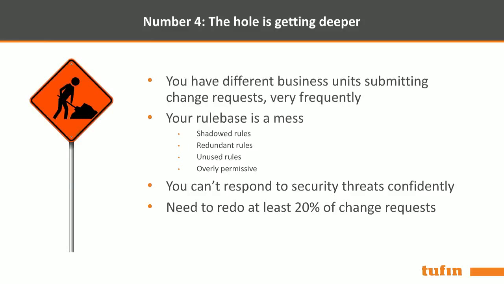And then there's a need to redo change requests because they are either unneeded or they're not understood, or they're not following along with security policy. And the problem is just growing bigger. The problem here is you really can't manage what you can't see, and if it's in that hole, you need to be able to provide the visibility.